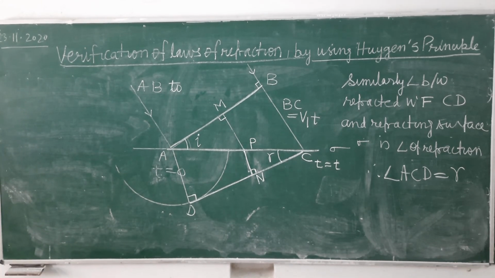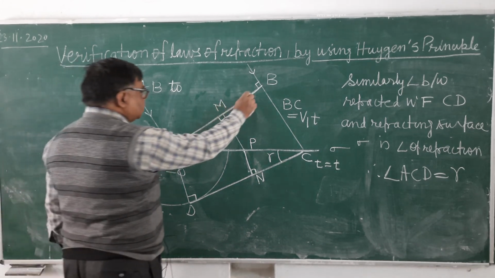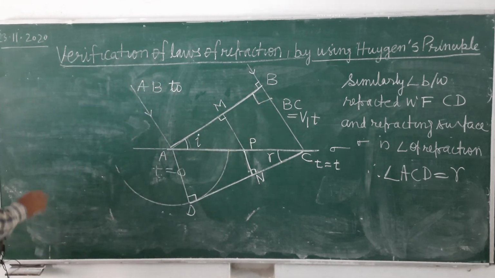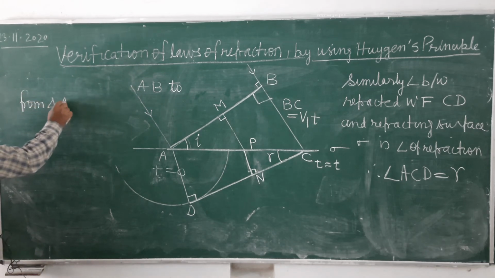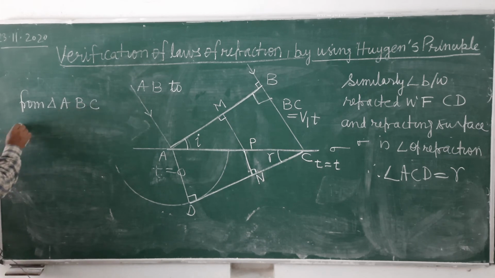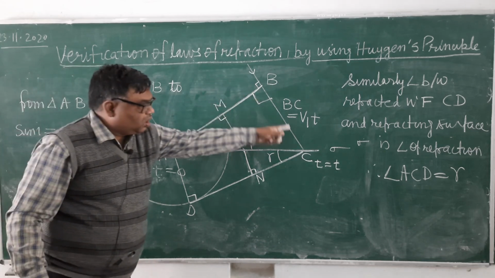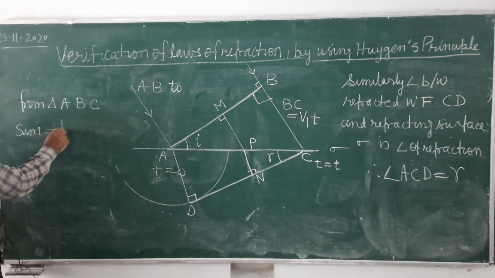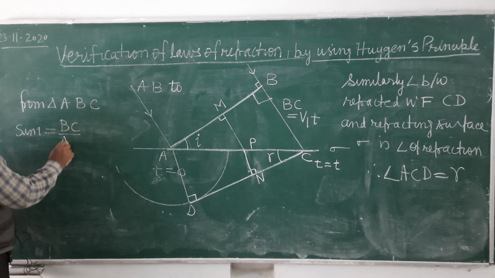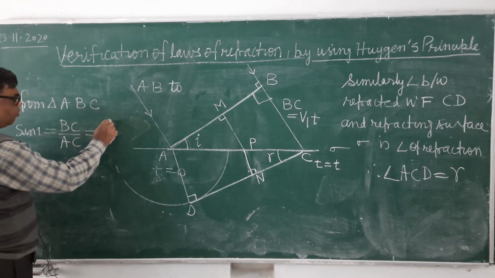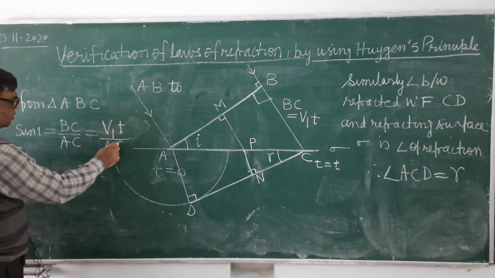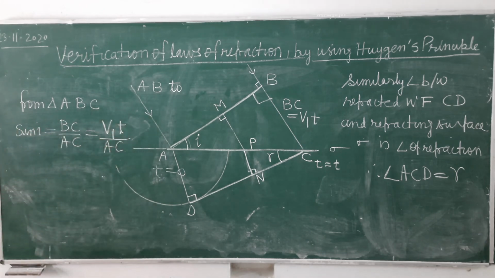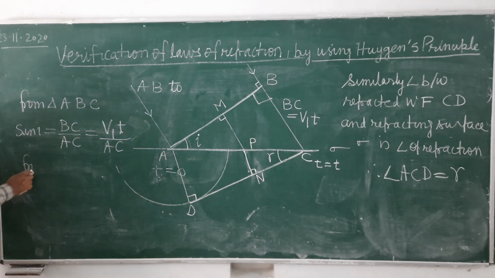So see here, in triangle ABC, sin I will be equal to perpendicular upon hypotenuse, BC upon AC. And what is BC here? It is V1T upon AC.